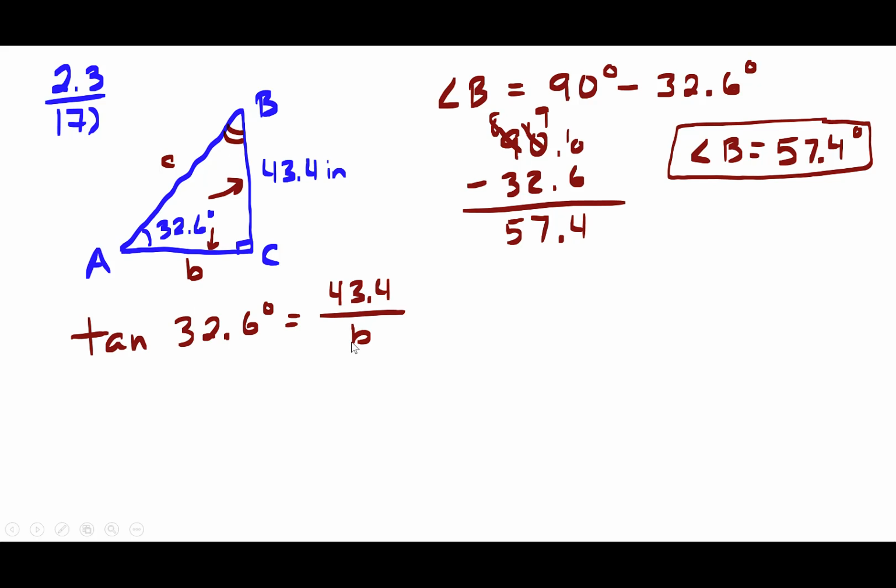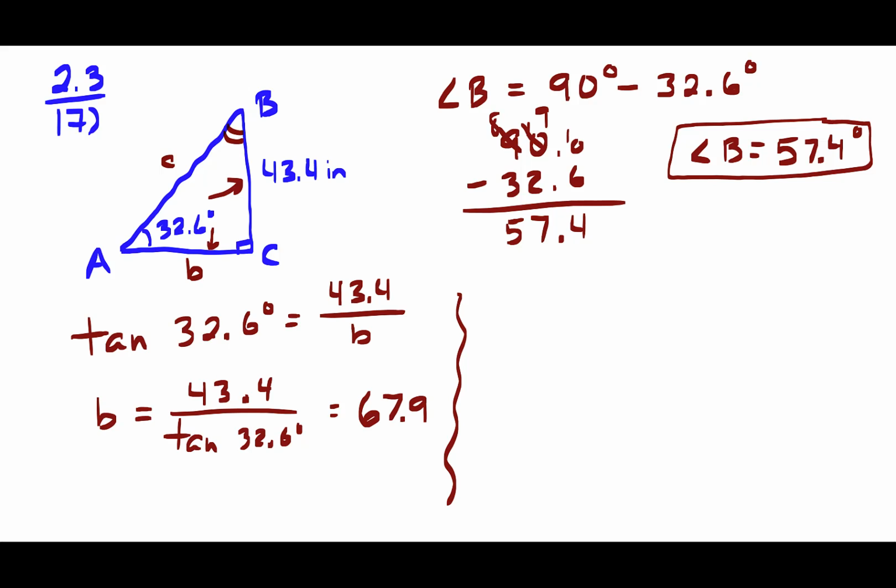We take the b value, multiply on both sides, and divide by the tangent of the angle. So b is equal to 43.4 on top, tangent of 32.6 on the bottom. Punching this into your calculator, you should get 67.9 to the nearest tenth.